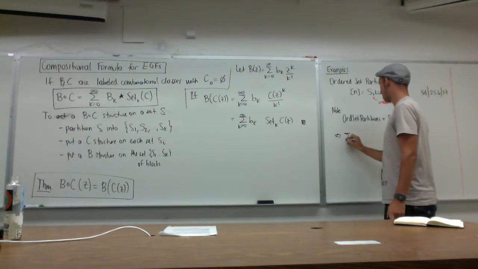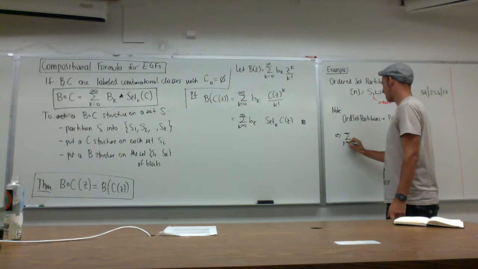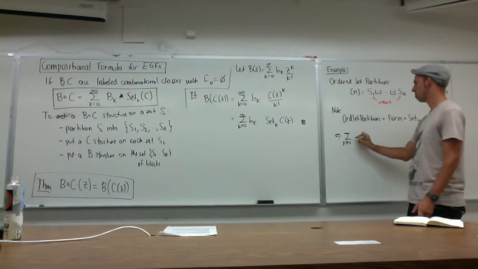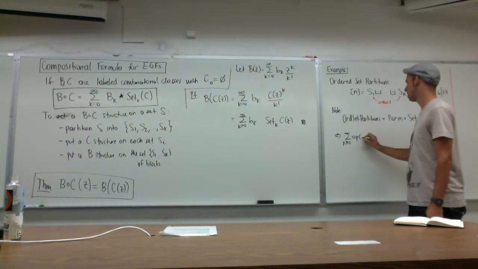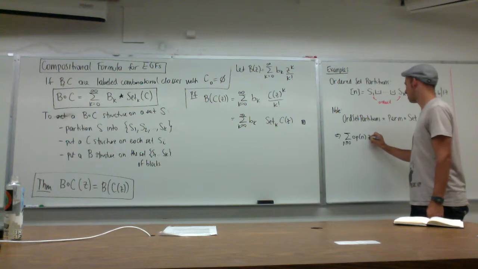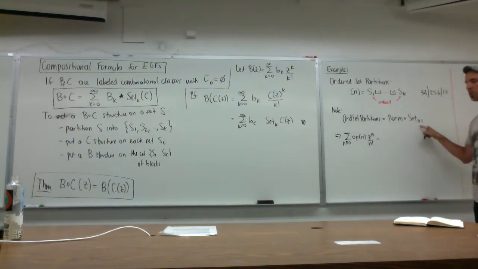And so given that, I know how to compute the generating function for these numbers. Let's call them ordered partitions of n, z to the n over n factorial. This is the composition of permutations and sets. Okay? Now we have to remember, what was the generating function for permutations?